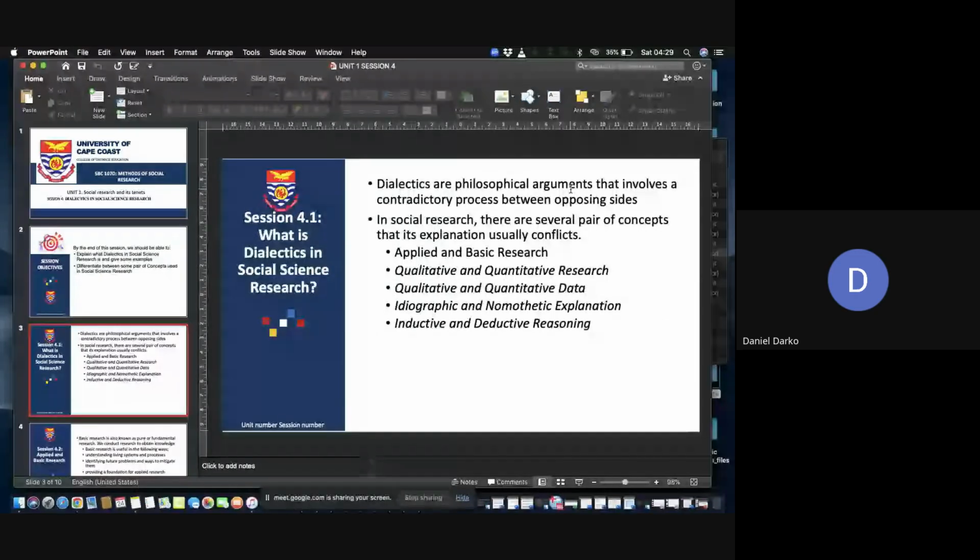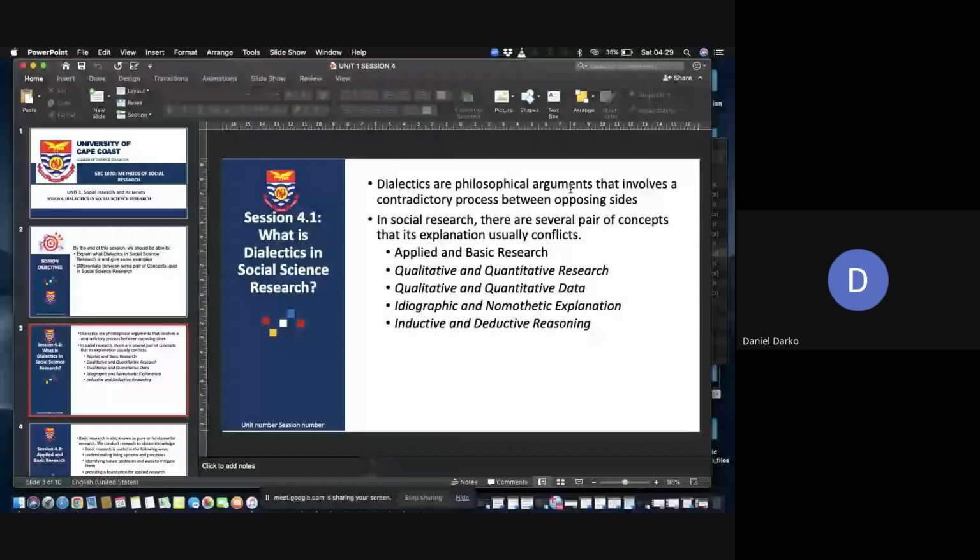So what is dialectics in social research? Dialectics are philosophical arguments that involve a contradictory process between opposing sides. So two sides are opposing each other on particular issues, right? That is the dialectics. In social research, there are several pairs of concepts whose explanations usually conflict.